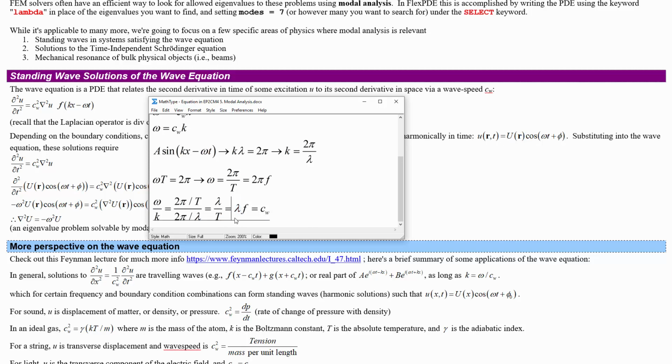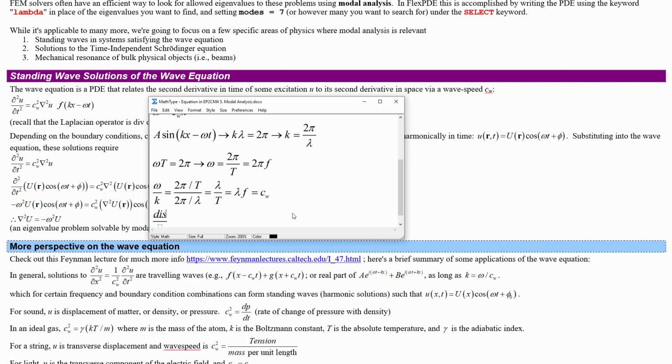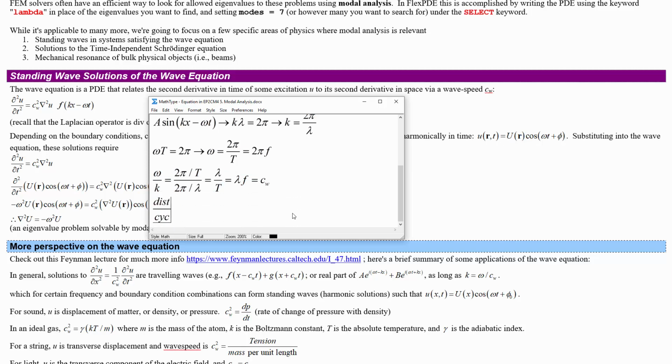Frequency is the number of cycles the wave goes through per second. So if we've got distance per cycle times cycles per second, then we get distance per second. And that's the velocity. Ta-da!